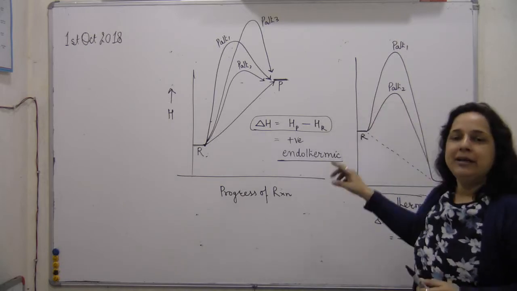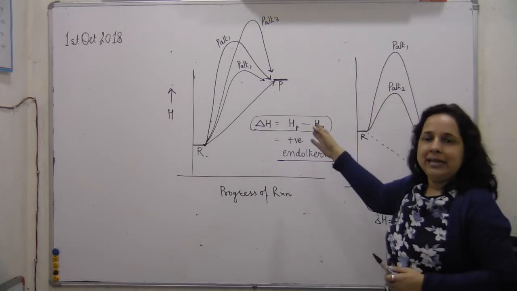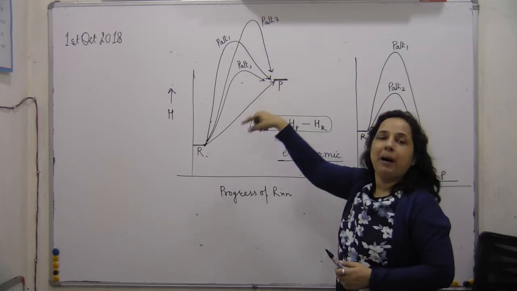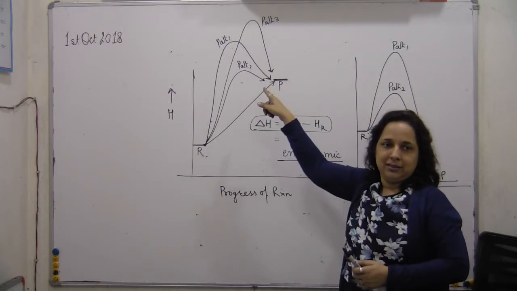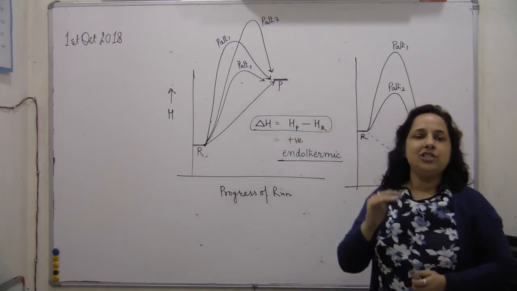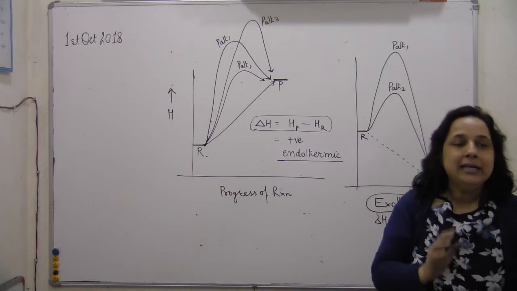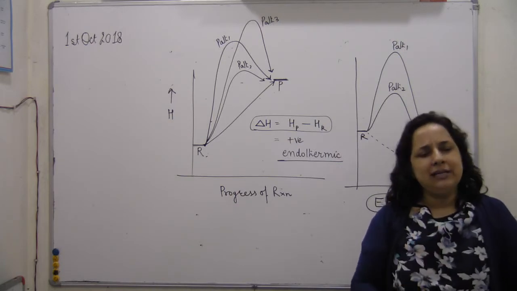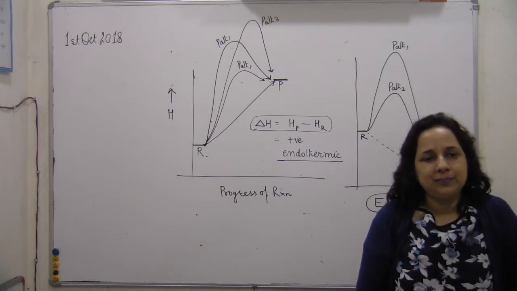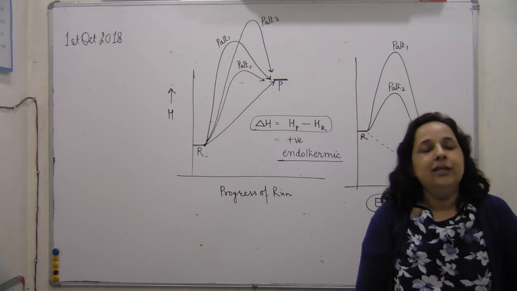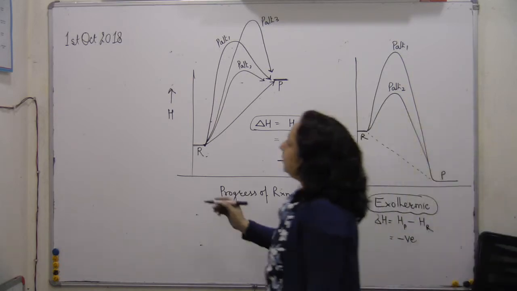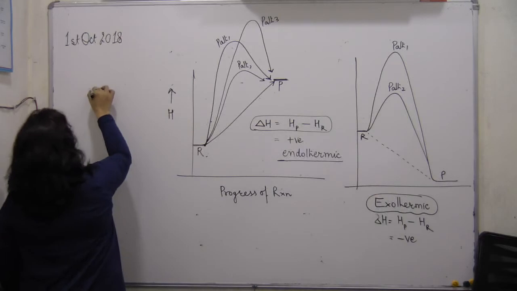Now you tell me, when we add catalyst it can change the path of reaction. Catalyst can change the path of reaction. Is it going to affect the delta H value? The addition of catalyst cannot affect state functions. Write down.